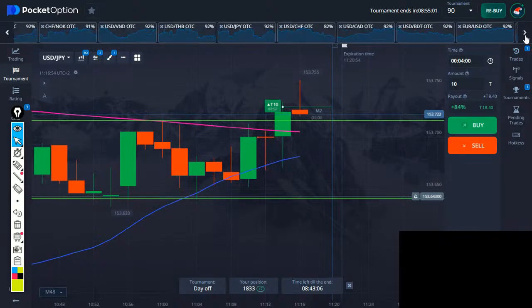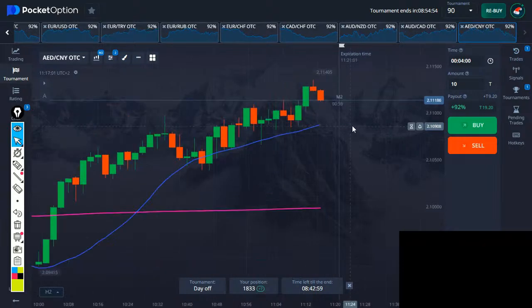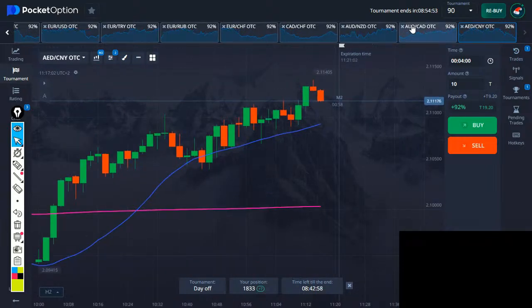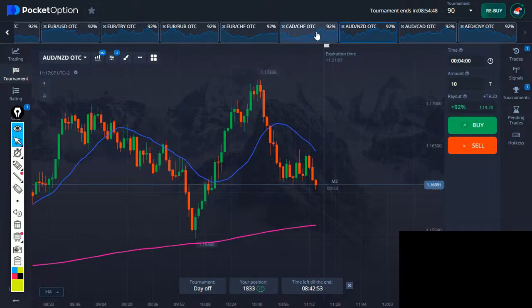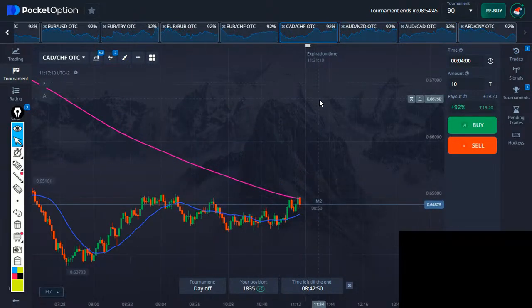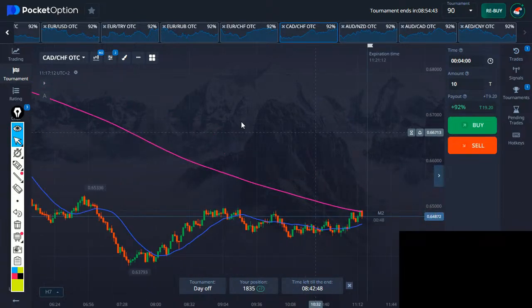In the meantime, let's look for another setup. Let's look for a narrow state. Okay, this is a narrow state as well.